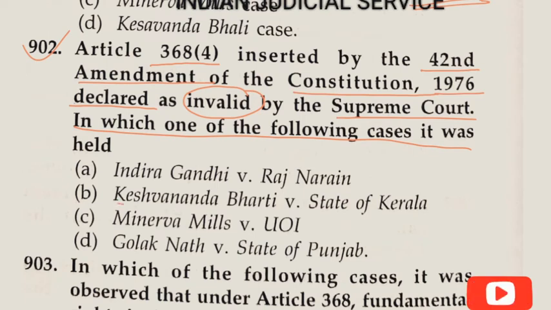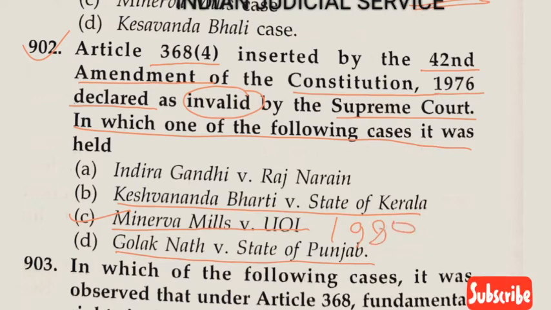Option B, Kesavananda Bharati versus State of Kerala. Option C, Minerva Mills versus Union of India. Option D, Golaknath versus State of Punjab. Clearly the answer to this question is Minerva Mills versus Union of India, 1980. So the answer is option C.